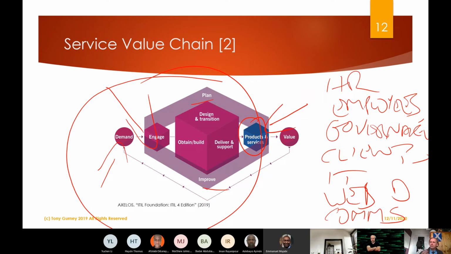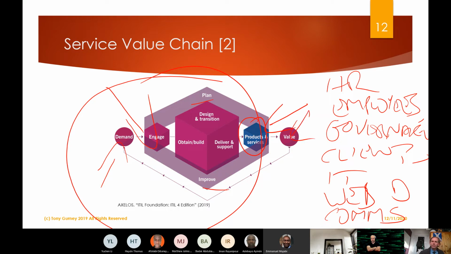The product or the service, depending on whether it's hardware or software or just even services from a third party. The point is, getting the thing is the wee bit. It's everything else around it that's important. And even once you've got it, you check that it's working.